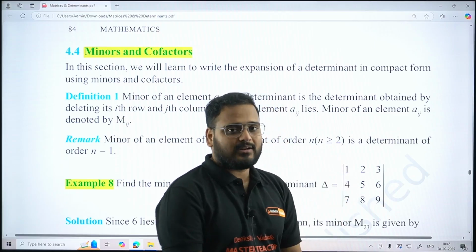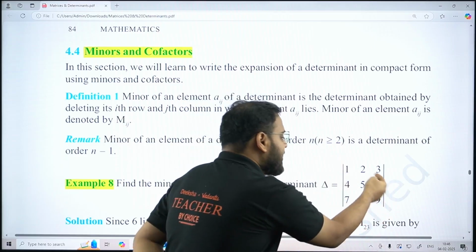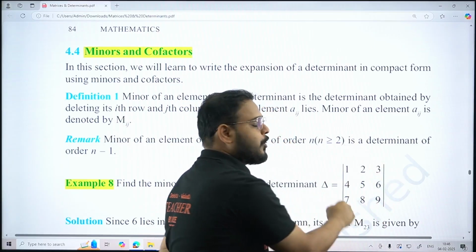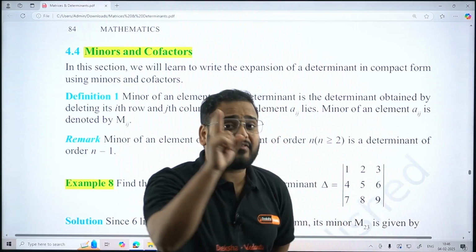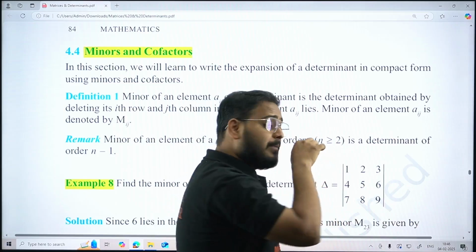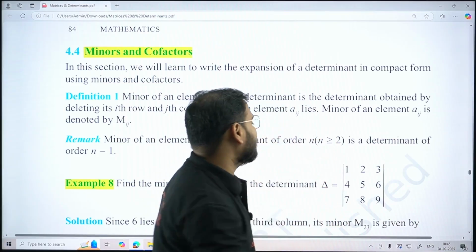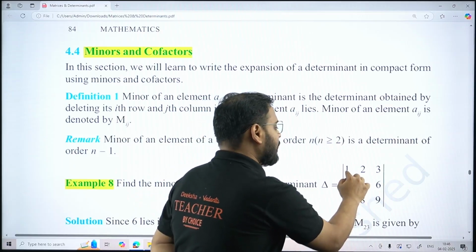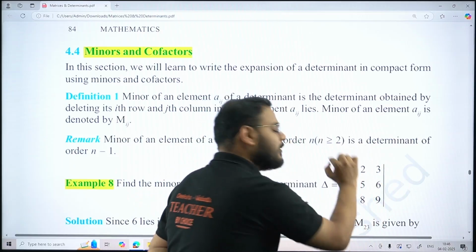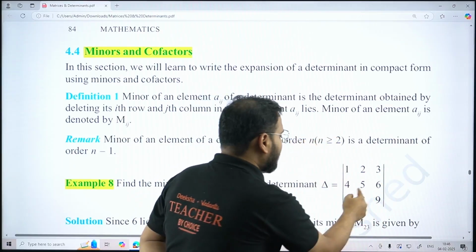So M11, what is that going to be? The matrix left out after cancelling that particular row and column. I'll repeat myself. M11, the minor of the first element, will be the matrix left out after cancelling the row where it is contained and the column. So let's say I'm talking about this. First row is cancelled, first column is cancelled. What's the matrix left? 5 6 8 9.